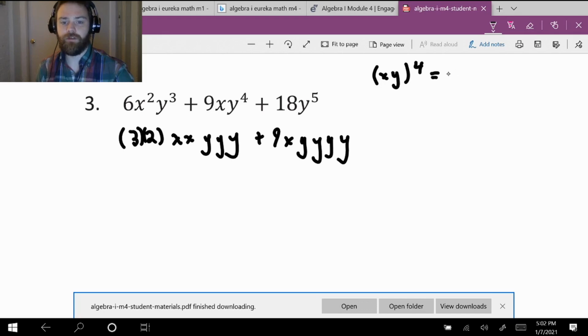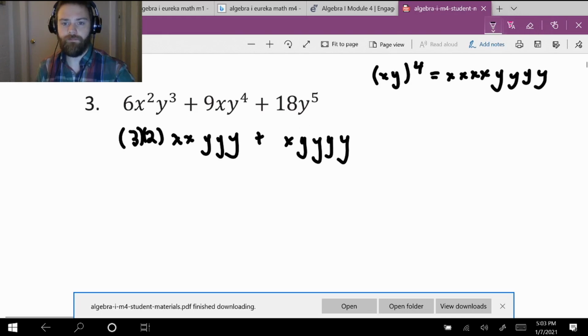So this is equal to x, y, x, y, x, y, x, y, all multiplied, okay? So be careful. Unless a power is on the outside of the parentheses, it's only modifying the thing immediately to the left, okay?